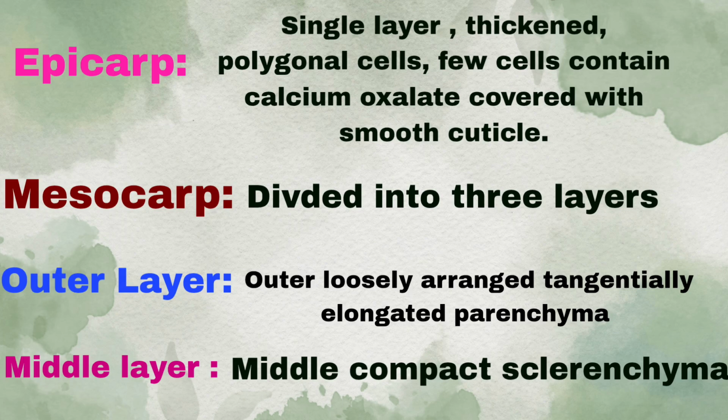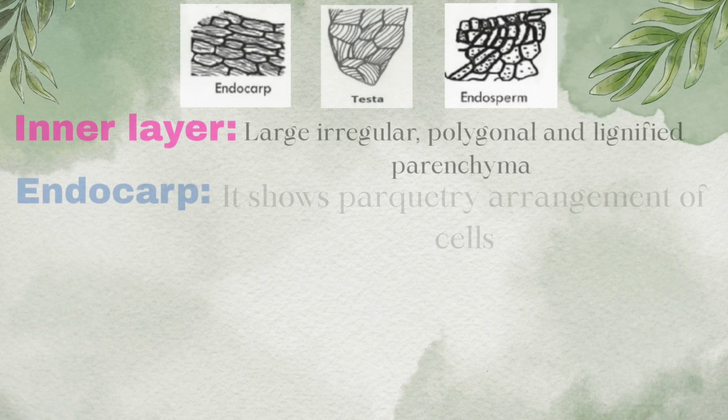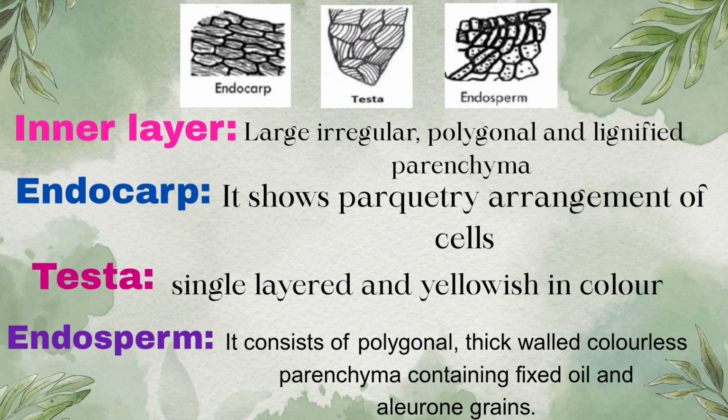Mesocarp divided into three layers. Outer layer, closely arranged tangentially elongated parenchyma. Middle layer, compact sclerenchyma. Now, inner layer, large irregular polygonal and lignified parenchyma.